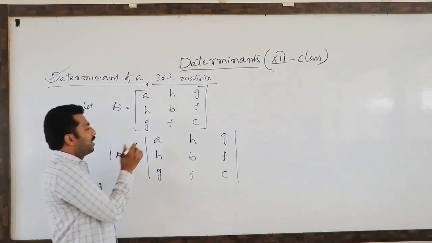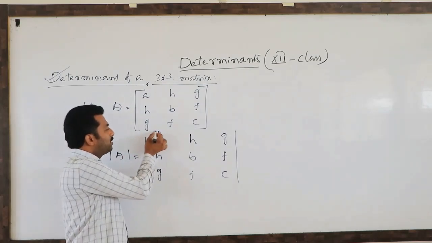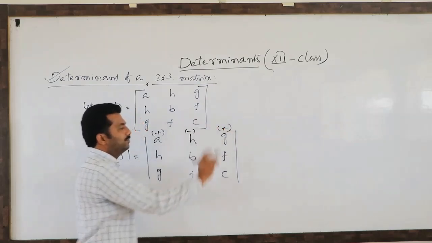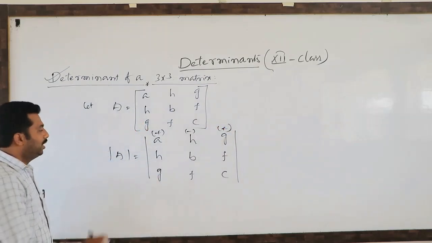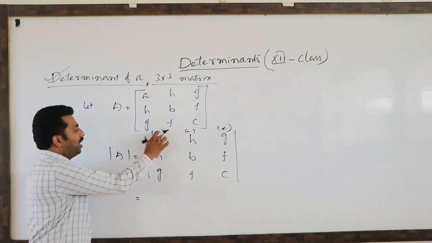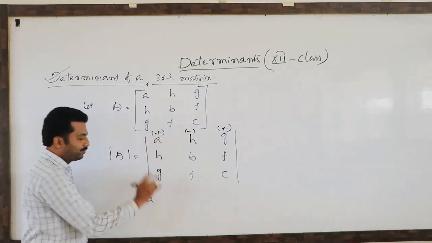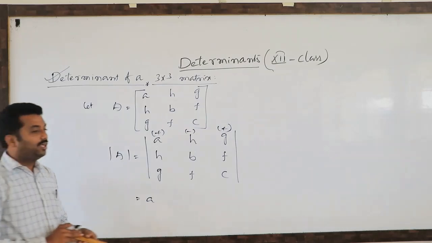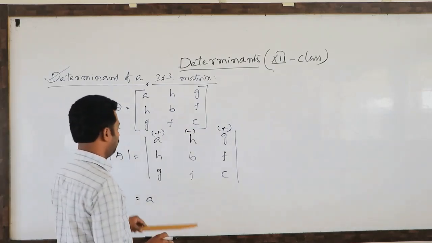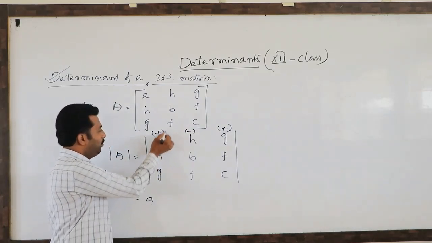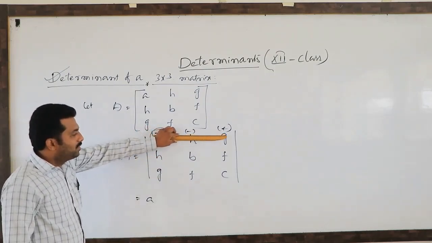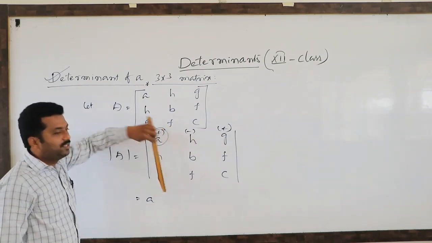So, in the first row you select the signs plus, minus, plus. Later, plus A, you select. Then you close the corresponding row and corresponding column. See here, you are selecting A only, including the sign. Corresponding row means this one, corresponding column means this one.